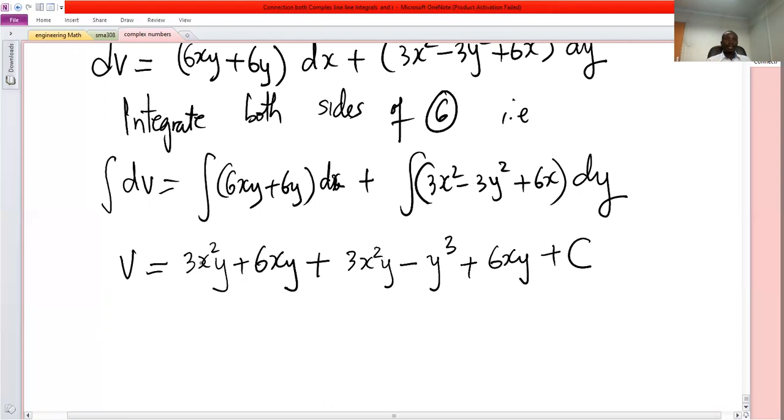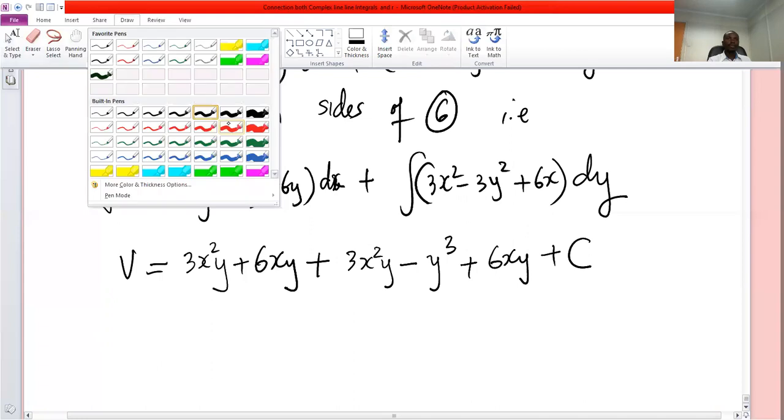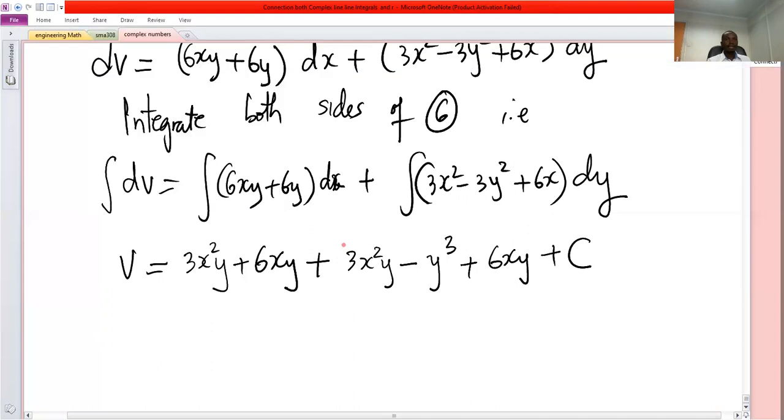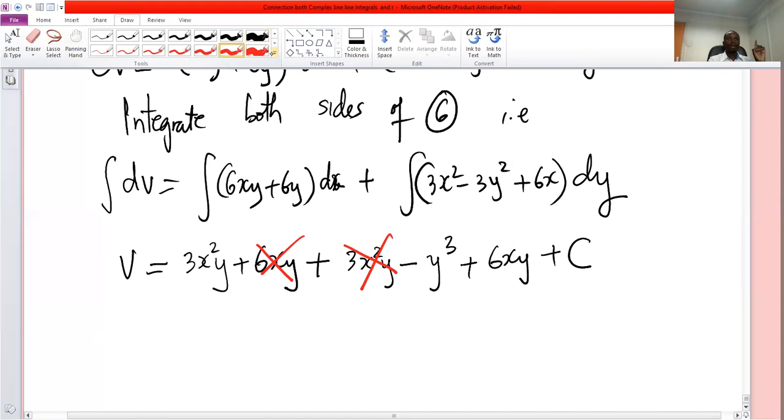Like we have 3x squared y and 3x squared y, so you cross out one. Only pick one of the two values. Don't add them to say now they're 6. Similarly, 6xy and 6xy are common, so also cross out one of them. Those unique terms and the common ones you pick just once, not adding them.